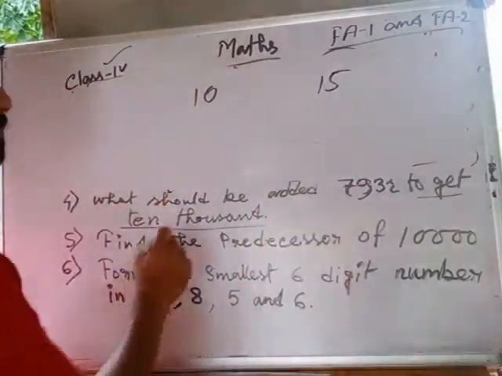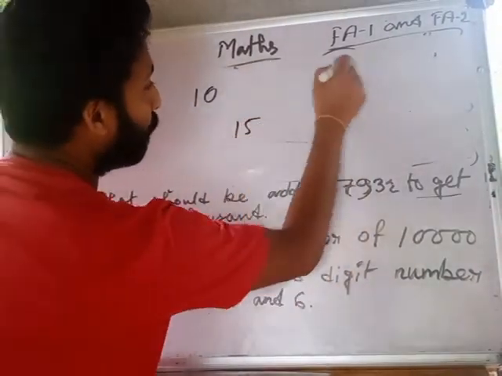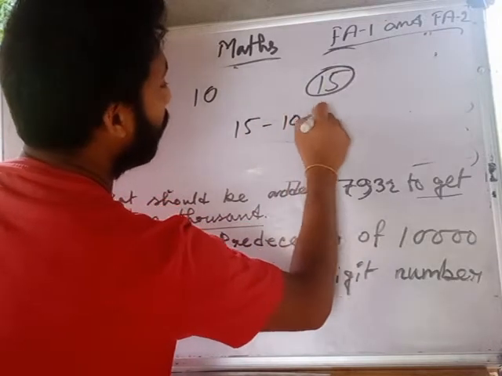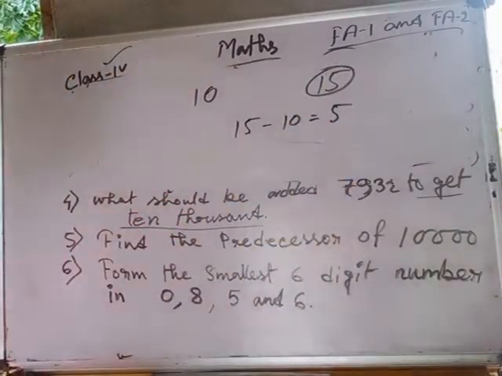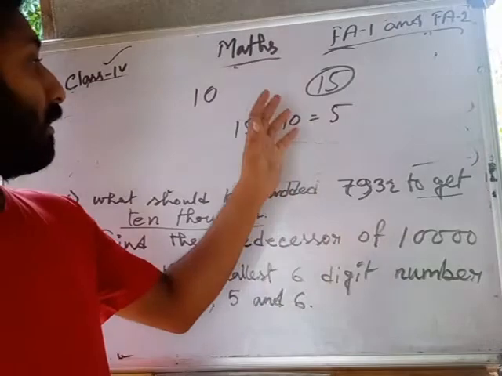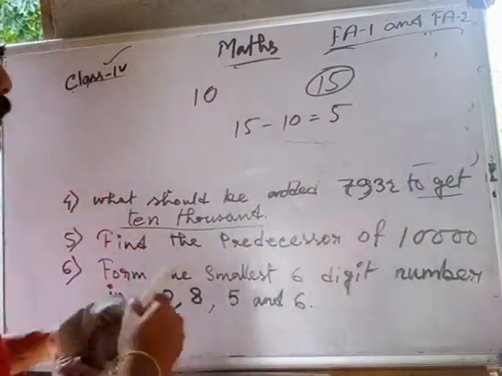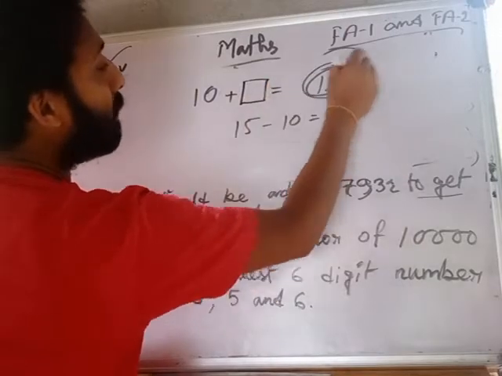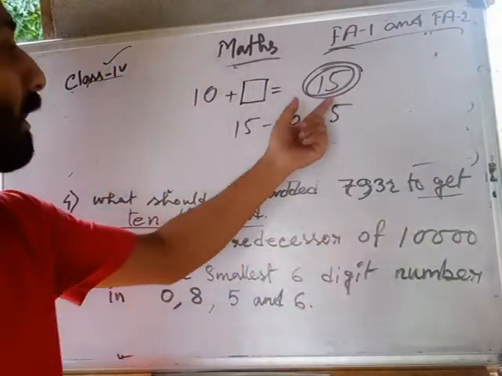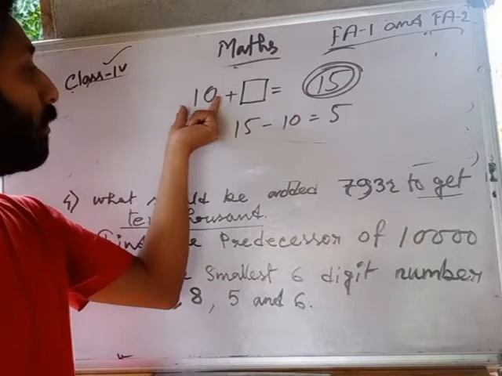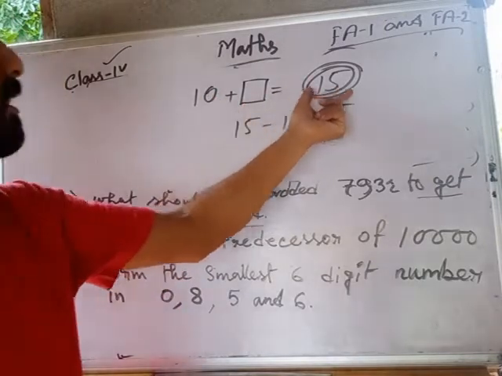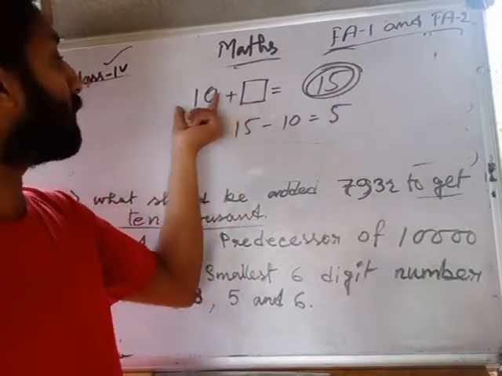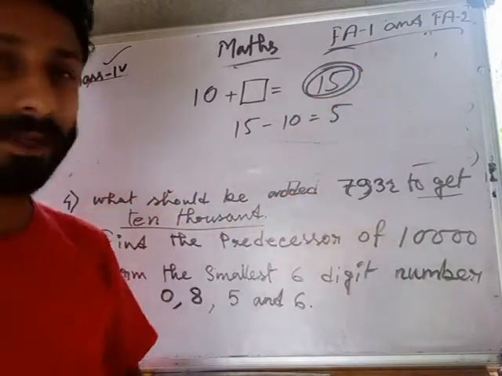Then you subtract 10 from 15, it is 5. Do you understand? We should add a number. How much should we add to get this number? The number we want to get is obviously more than this number, so we should subtract this number from the number we want to get.